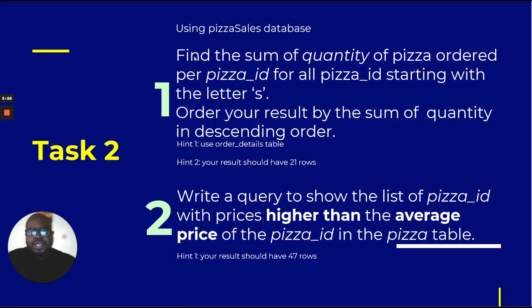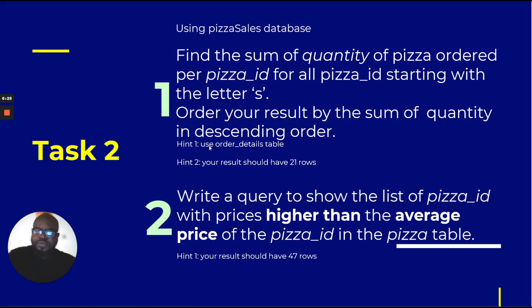First question is to find the sum of quantity of pizzas ordered per pizza ID for all pizza IDs starting with the letter S. Sounds quite complicated, doesn't it, Bob? Something we can all figure out. So it's just to find the sum of the quantity of pizza ordered per pizza ID for all pizza IDs starting with the letter S. You are to order your results by the sum of quantity in descending order.